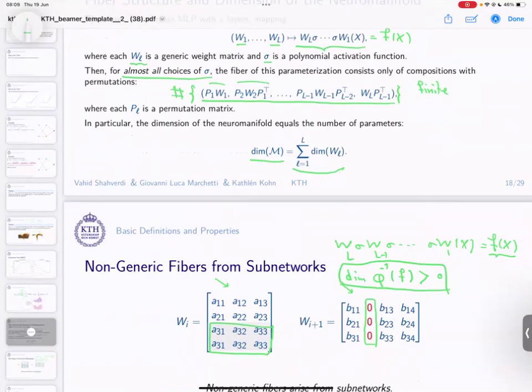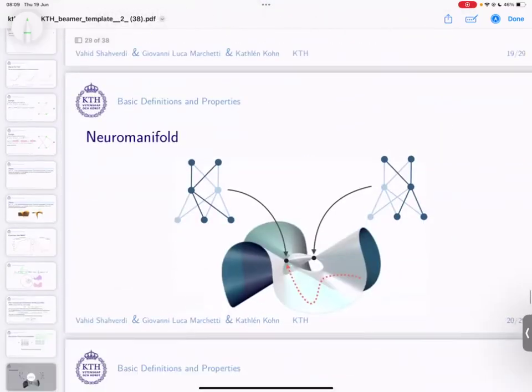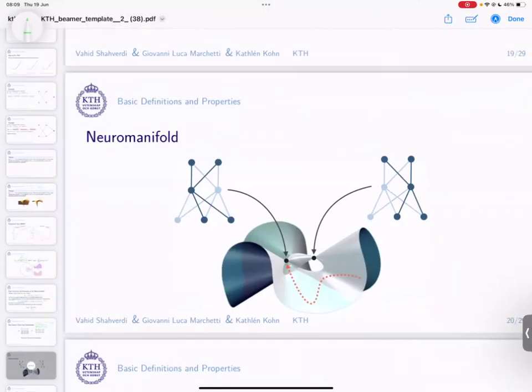It means that my parametrization maps a lot of tuples of parameters to only one function. So some sort of collapsing effect will appear. And in the neuromanifold, you will get a singularity just because a lot of things will collapse to one point.